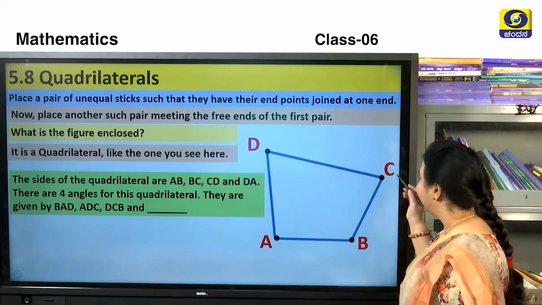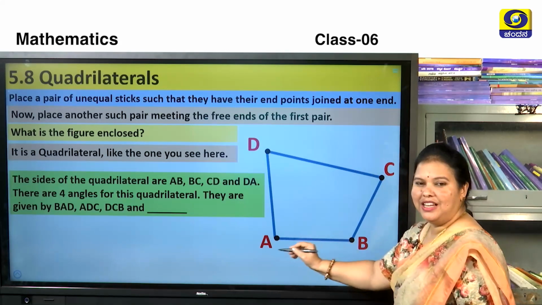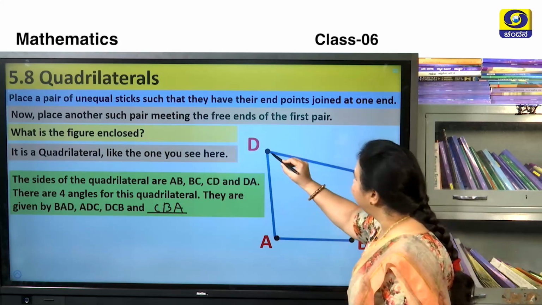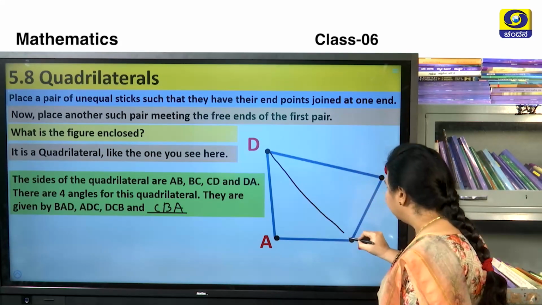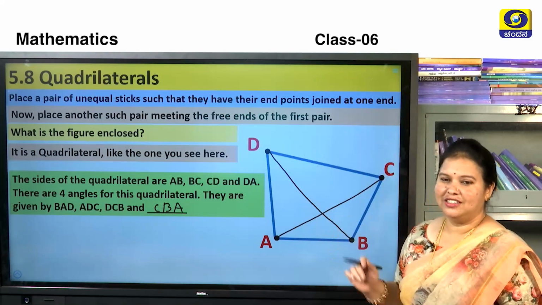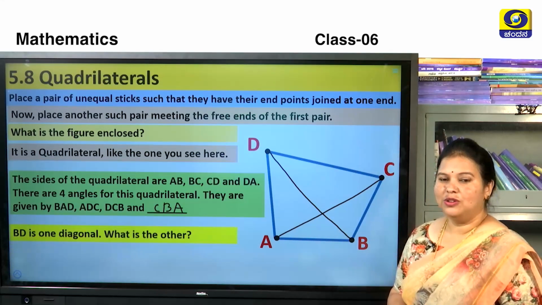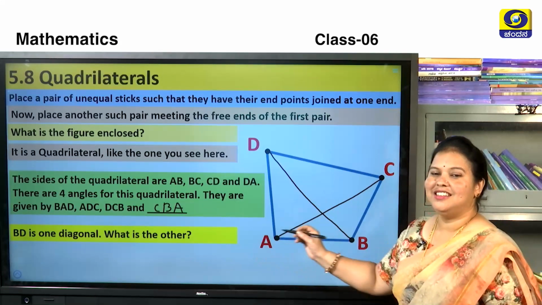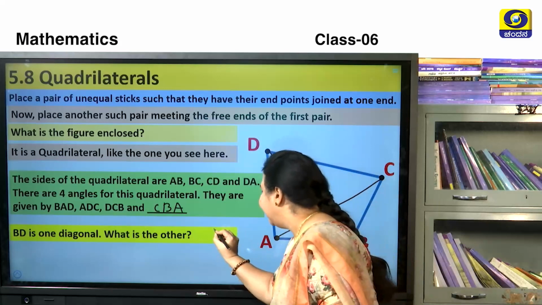Yes, it is angle CBA. And also we can draw lines from B to D like this and A to C. These are called diagonals. So, BD is one diagonal. What is the other? Yes, it is AC.